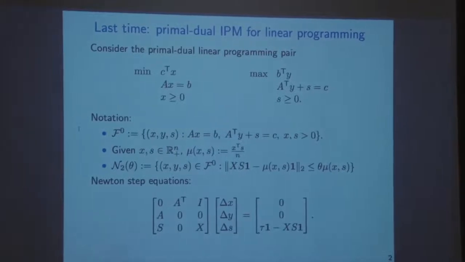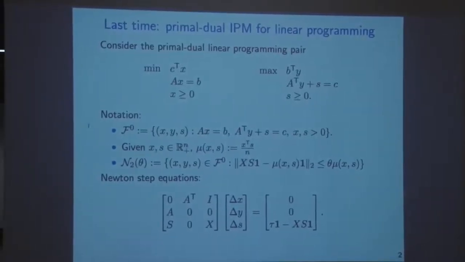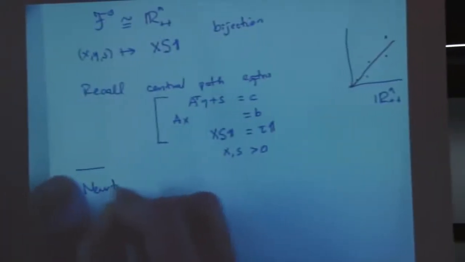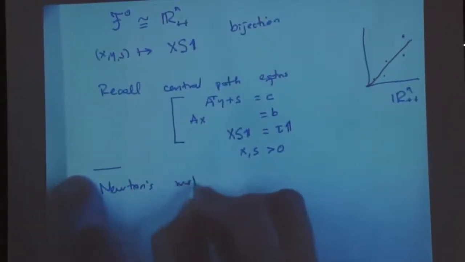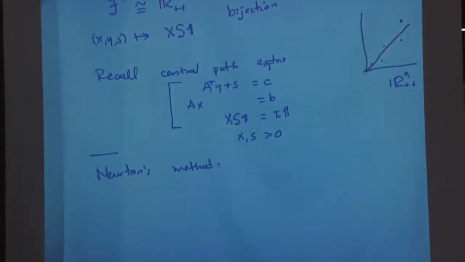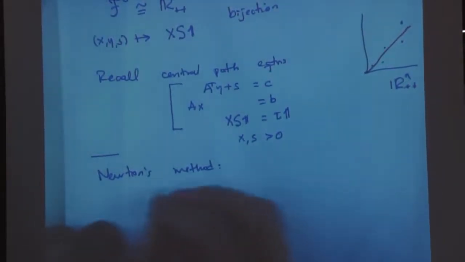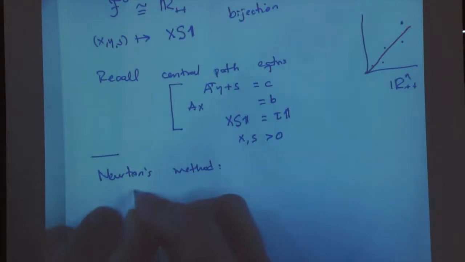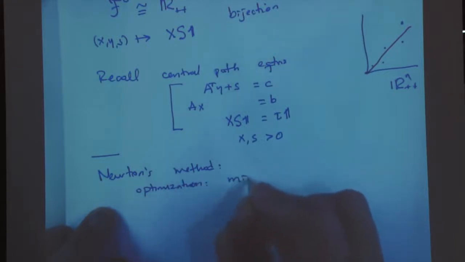Okay? So maybe one thing that I'm going to do twice today, but I think this is important. So this is kind of a little detour. Newton's method, you can think about Newton's method in two possible ways. If you're thinking about optimization, you want to minimize, let's say, f of x, right?